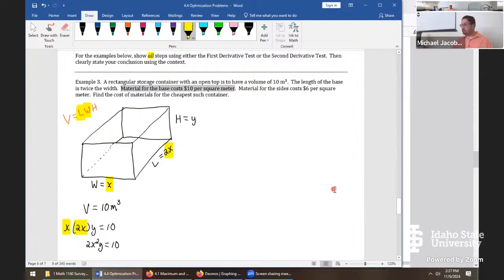Okay, well, let's go off to this next step right here. It says materials for the base cost $10 per square meter. So let's maybe say about right here, base cost. If it's $10 per square meter, we'll find out the cost of the base.